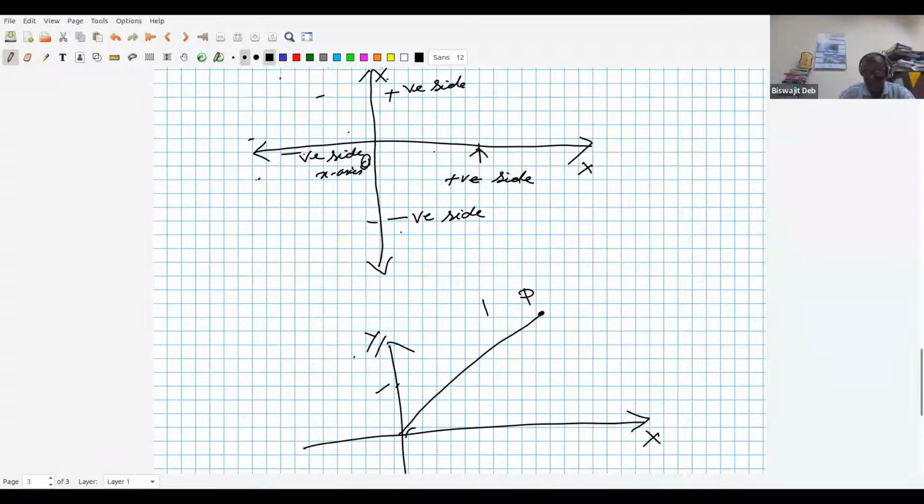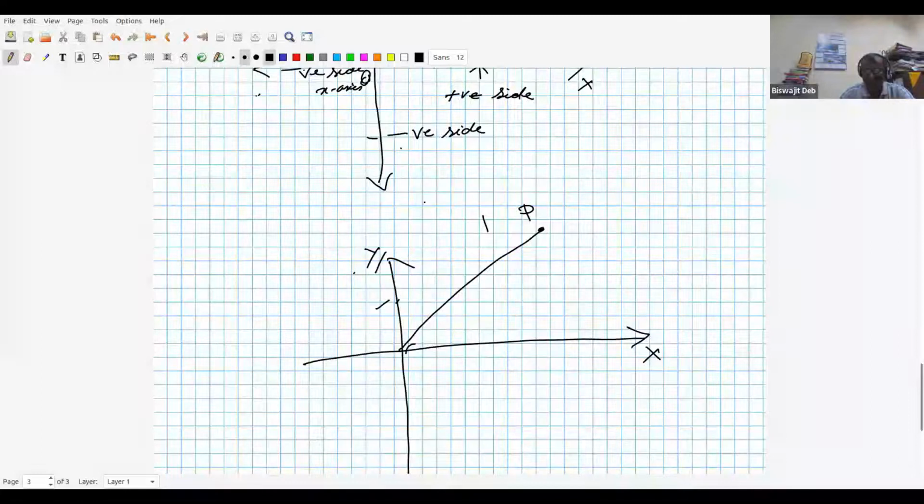I'm very sorry, I'm unable to deliver as expected because of these technical problems. So this is line OP, and how do we define this angle? Actually, it is the rotation of this OP starting from the position OX in anti-clockwise direction. So this is my angle theta.